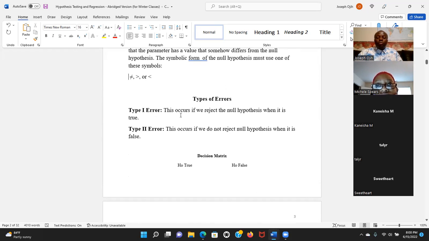Type 1 error occurs when we reject a correct null hypothesis. If the null hypothesis is true and we reject it, then we committed type 1 error. Now, if the null hypothesis is not true and we did not reject it, we committed type 2 error. So type 2 error occurs if we do not reject the null hypothesis when it is false.